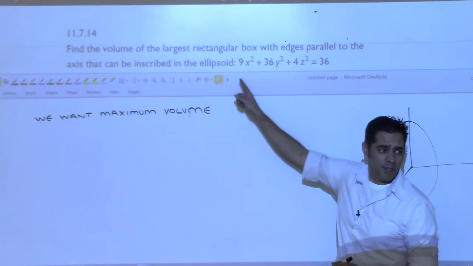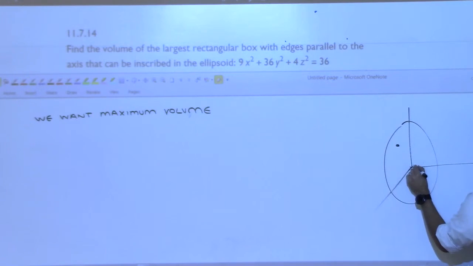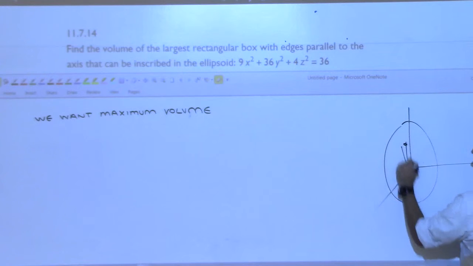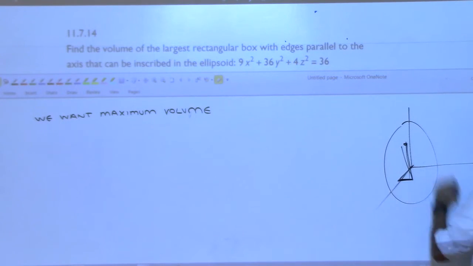If you live on the ellipsoid, if you give me an x, y, and z coordinate, the x, y, and z, when plugged into this, should give you a true statement up there, right? Okay?